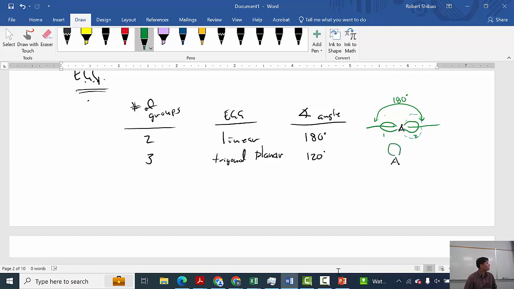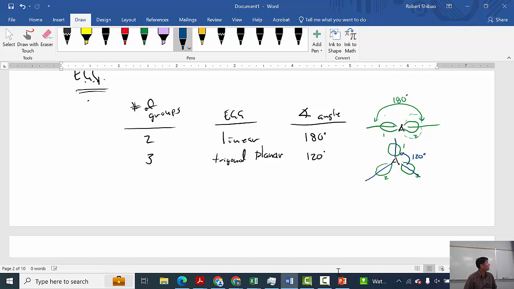And the angle is going to be 120 degrees. So if I put 3 groups around atom A, then to minimize the repulsions, they're going to try to adopt a 120-degree angle. And so we'll have 1, 2, 3 groups.